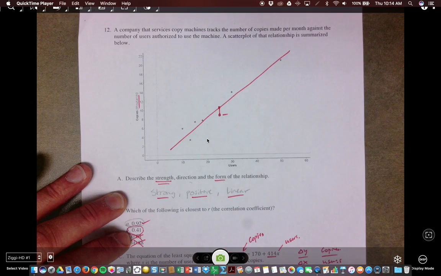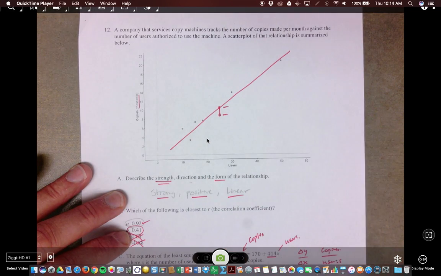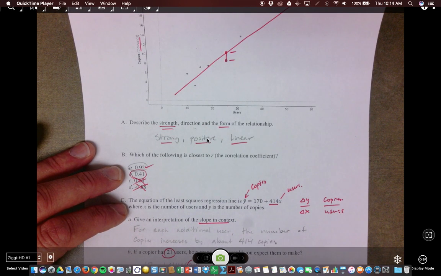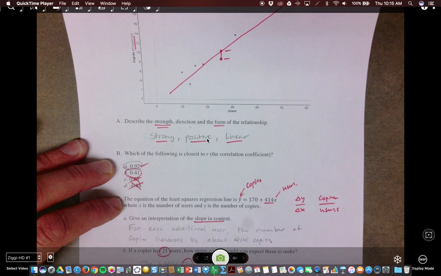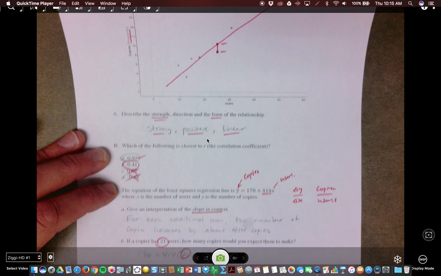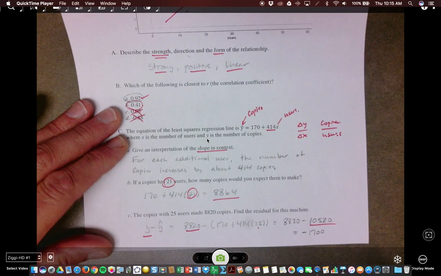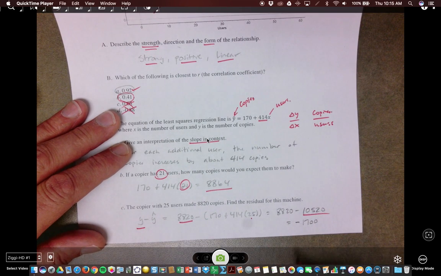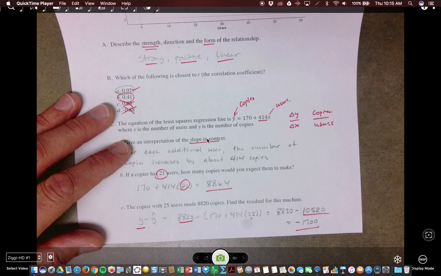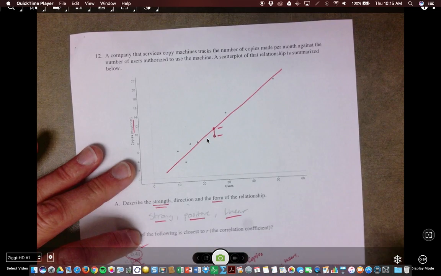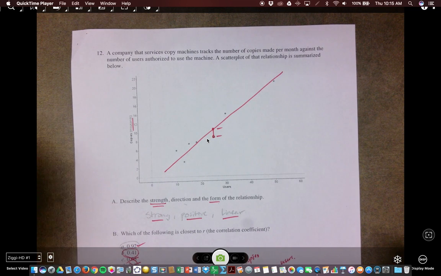Then we find the y coordinate of the point on the line, like we did in part B. Plug 25 into the formula, and the model predicts they're going to make about 10,500 copies. So 8,820 minus 10,520 gives a residual of about negative 1,700. This number should be negative because that point is below the least squares regression line.